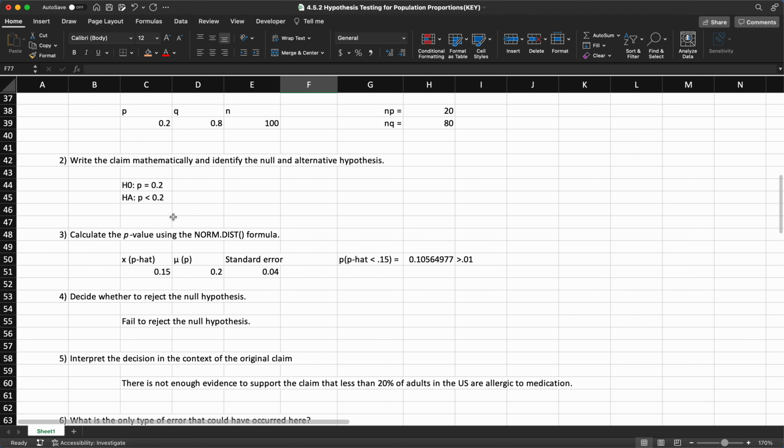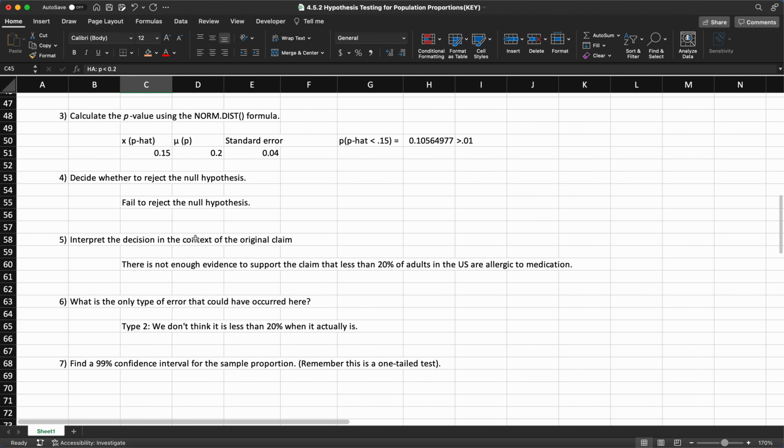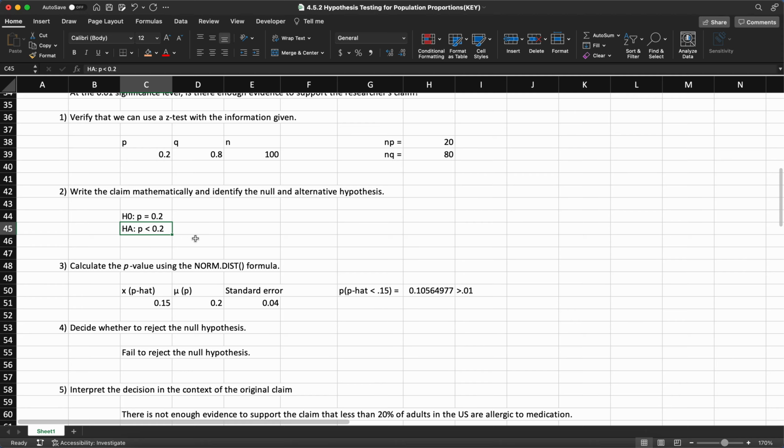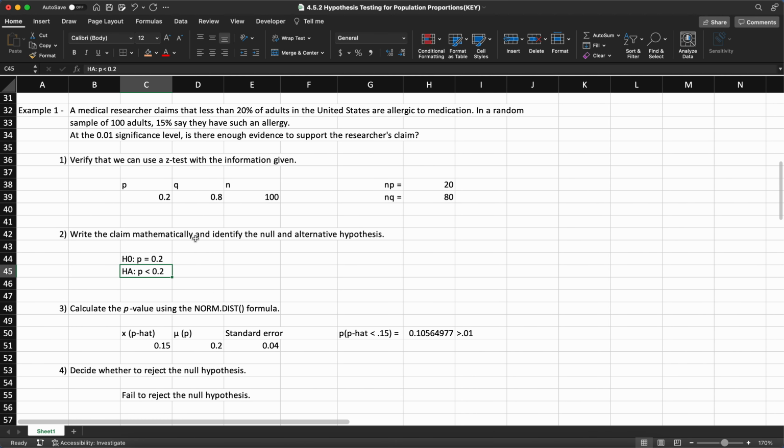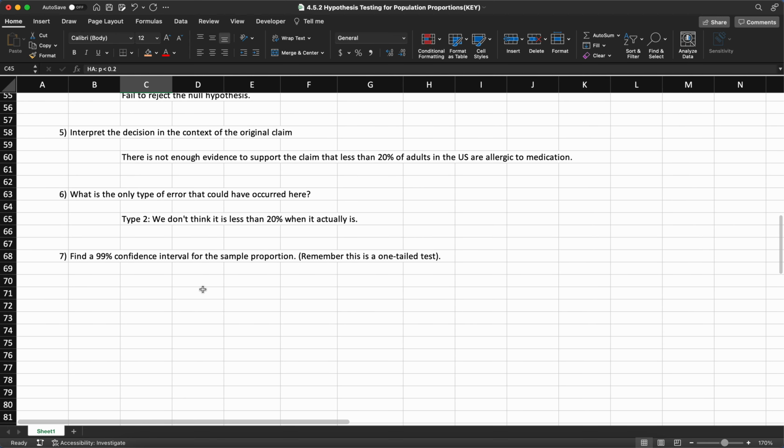Since our initial claim was that we're less than a certain value, we want to make sure that we have an upper bound because we're looking for less than a certain value. So we're going to look for the upper bound for this particular confidence interval, and that's all we care about is the upper bound.